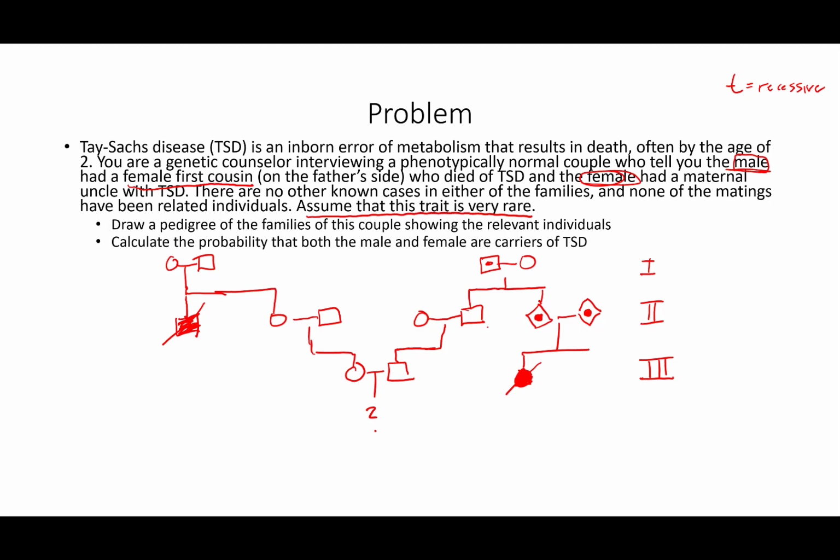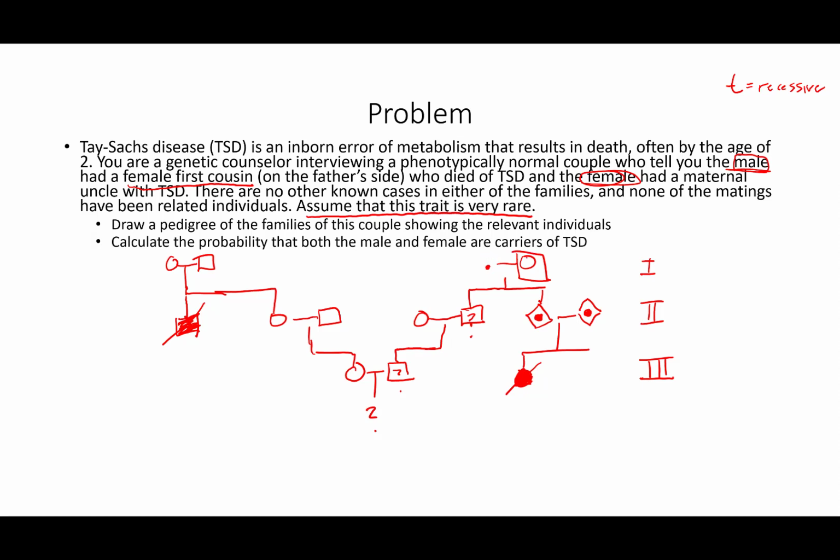So now we want to know the probability of this person being a carrier and then this person being a carrier on the father's side. Because it says to assume the trait is rare, we're going to assume that this person right here is not a carrier.